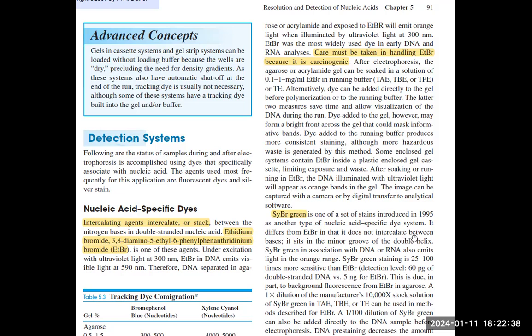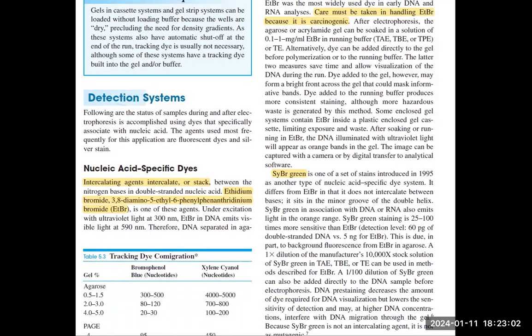It does not intercalate between bases, guys. Rather, it sits in the minor groove of the double helix. So this one's the most important line. It sits in the minor groove of the double helix. And in association with DNA or RNA, it also emits light in the orange range. So still orange. So we will not be confused if we are having an exam.